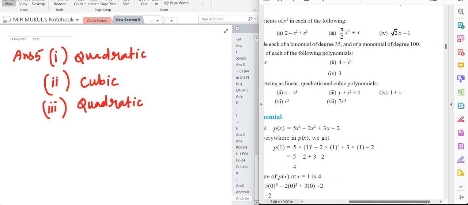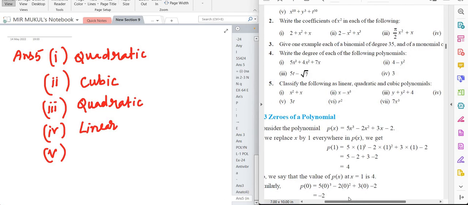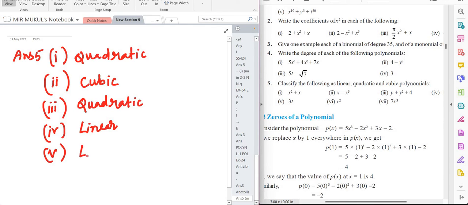Now, the fourth one Aksara will tell. Sir, it is linear. Very good. Then the fifth one Akshaya will tell. Sir, linear, because the degree is 1.